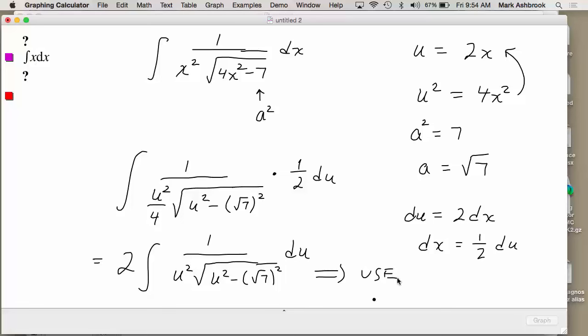So now we can use table formula 70. That's right, wasn't it 70? Where we've got u and a is square root of 7, and then the whole thing times 2 in the end.